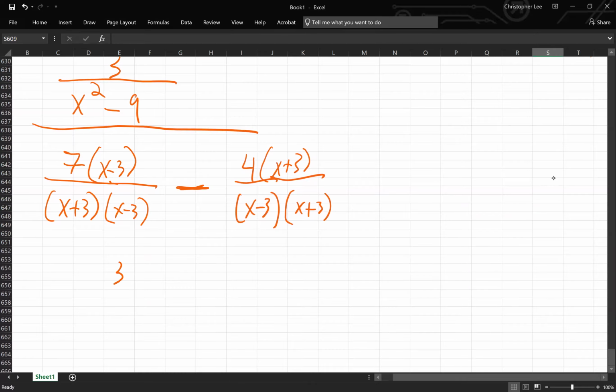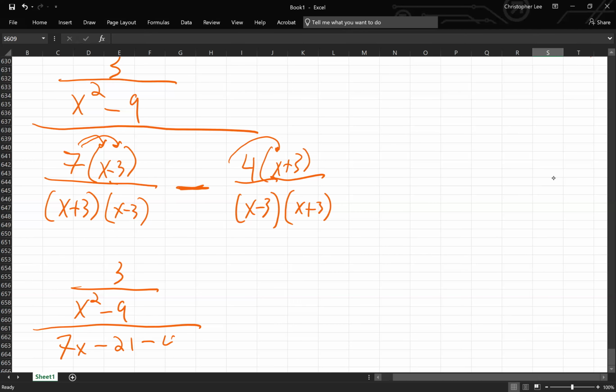So I have 3 over x squared minus 9 over, what's this? 7x minus 21. This one is going to be negative 4x minus 12.